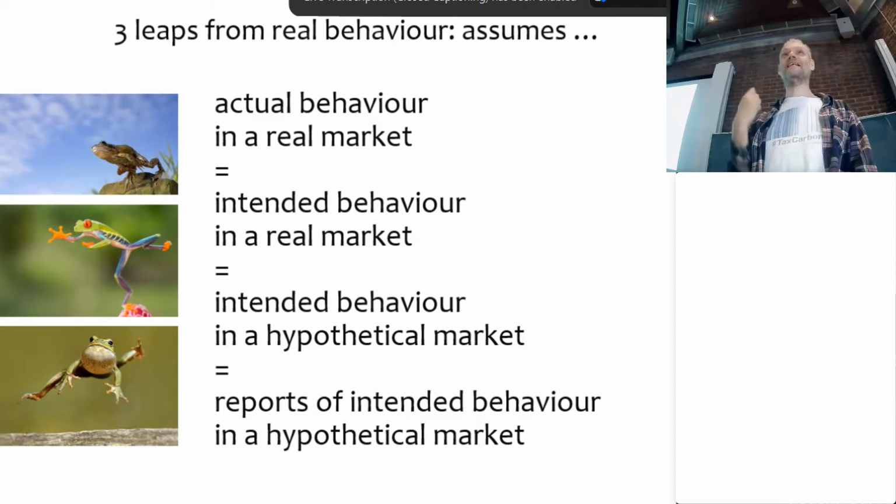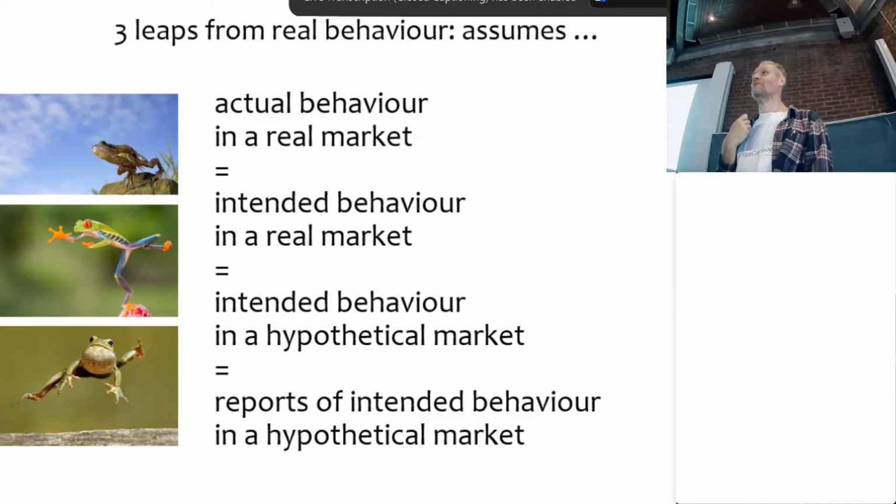And people just get the answer completely wrong, even though 5 minutes ago they paid for their toilet paper. They just have no clue whatsoever about this. Or they may not be willing to say that they bought the cheapest toilet paper there was, or the most expensive one with perfume and nice flowers on. They may not want to admit to what they really did, or they may have just forgotten already, even though they did so 5 minutes ago. So that is the real gap between actual and intended behavior.